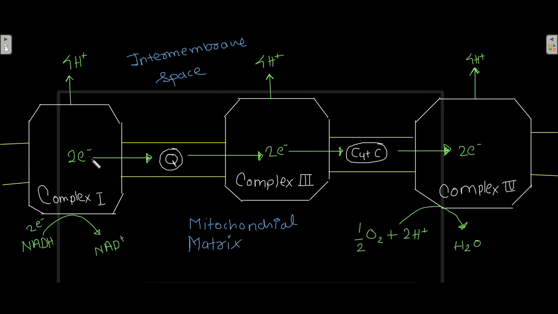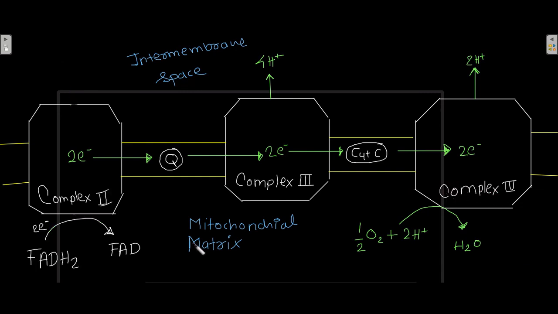So this is how electron transport is happening from the NADH to the oxygen. In the transport of electrons from NADH to oxygen, complex 1, complex 3 and complex 4 are involved, like this.